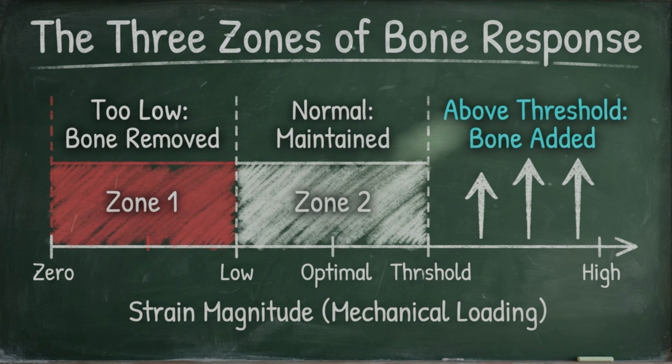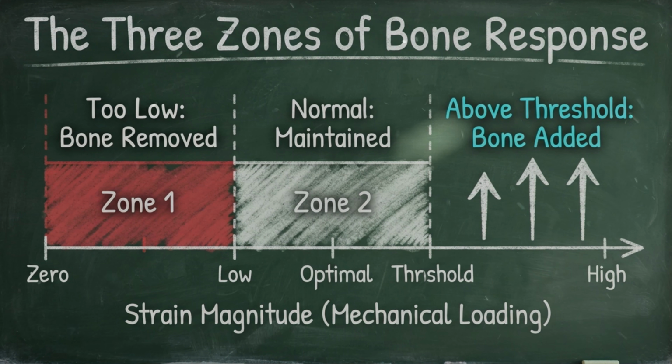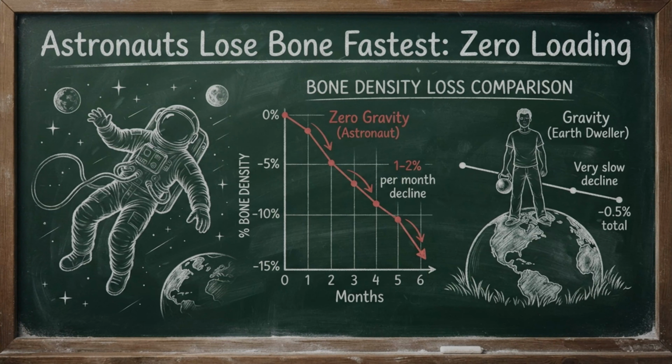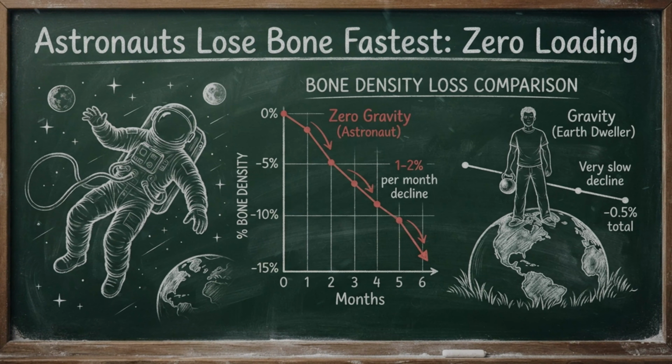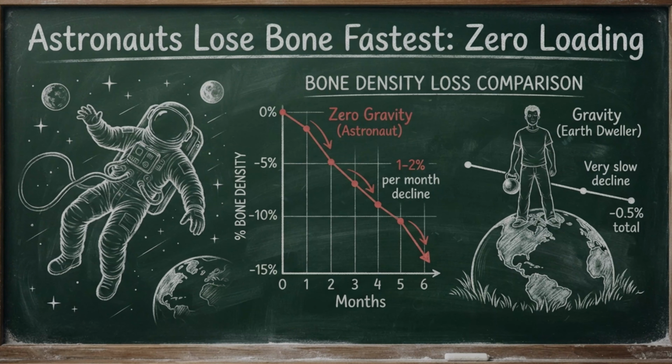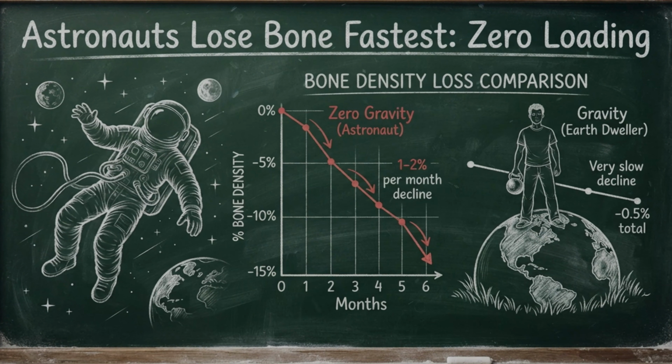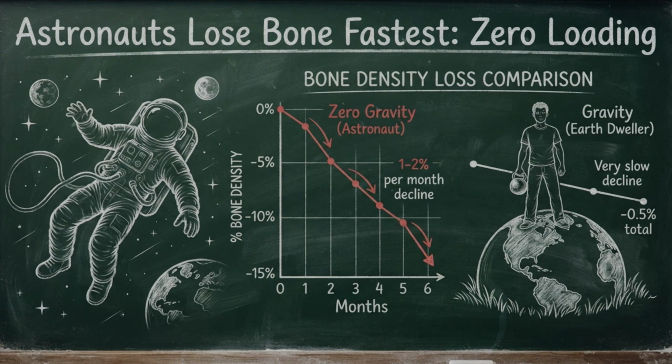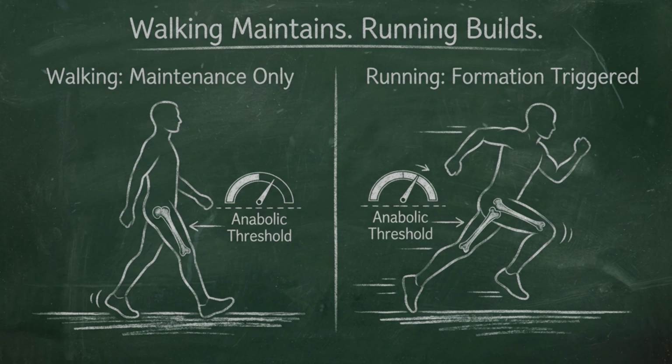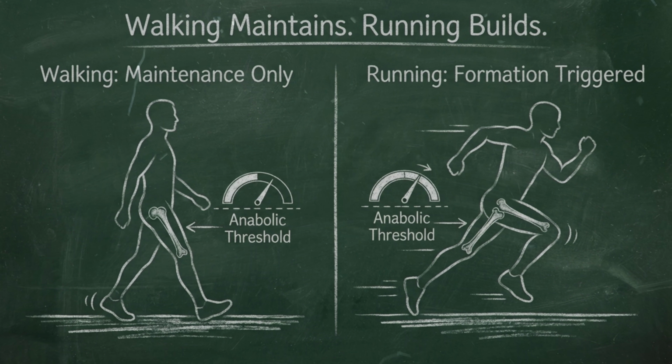the formation signal running. The astronaut's skeleton is the extreme demonstration of what happens when mechanical loading is removed from bone. In microgravity, the skeleton carries no weight, and the ground reaction forces that drive bone loading during walking are absent.